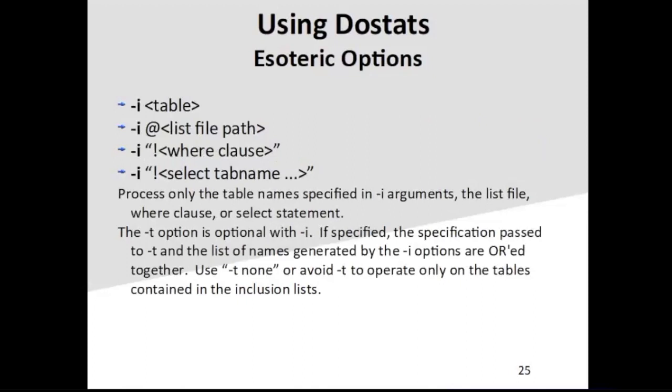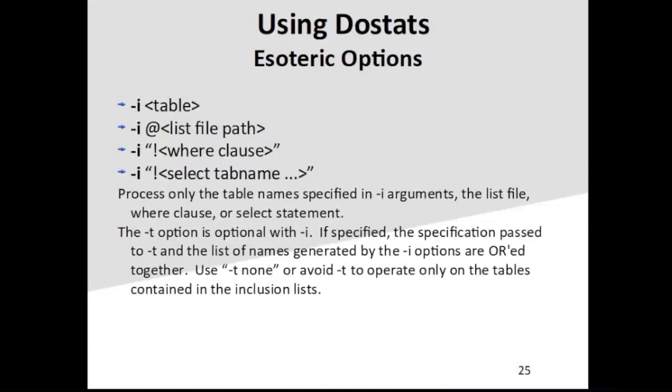Similarly, you can do -I exclamation point followed by a where clause or by a full select statement, where the select statement returns table names. If you specify a where clause, Dostats will take that string and build a query that says basically select tab name from systables where, whatever you specify. The same thing with the -I and the select, except that you provide an entire select statement that returns table names, and that can be fairly complex.